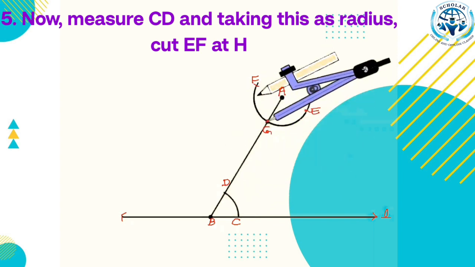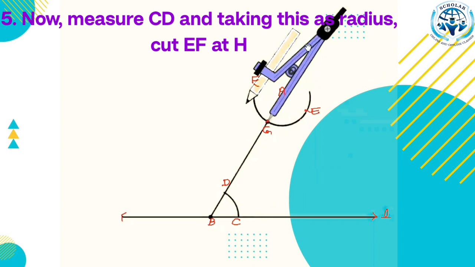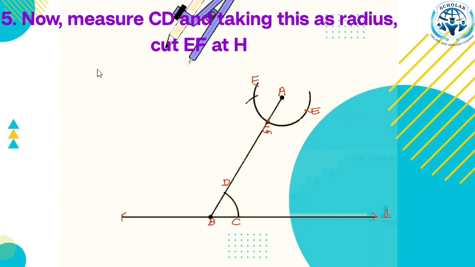In this way, we will get equal alternate angles. Now it is cutting EF at the point H. Now join AH and make a line parallel to L. The new line is named as M. Now L is parallel to M.